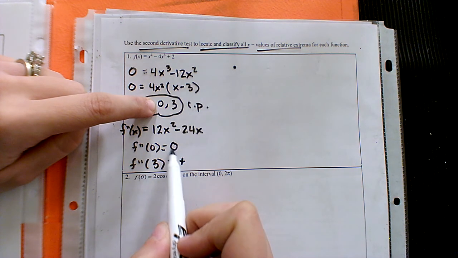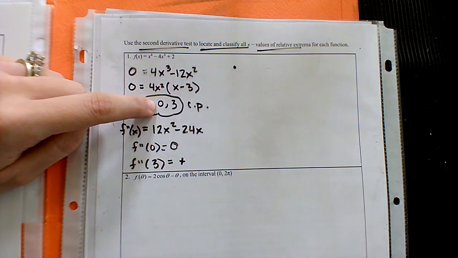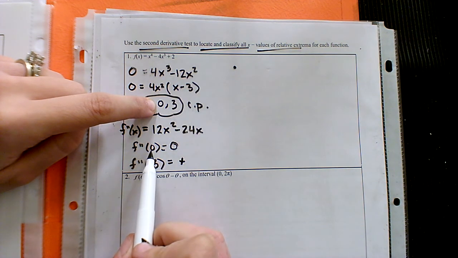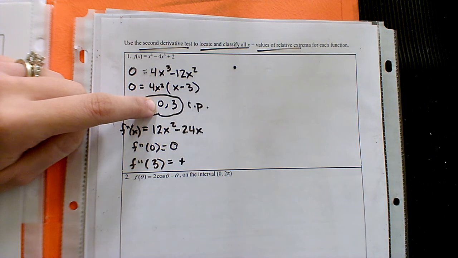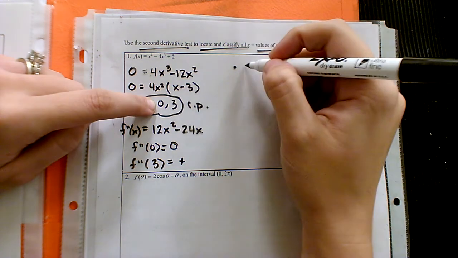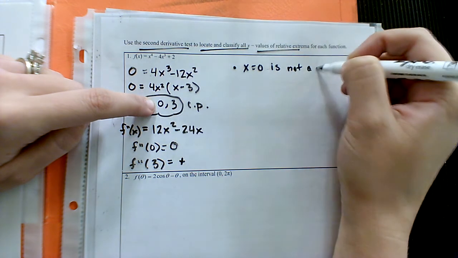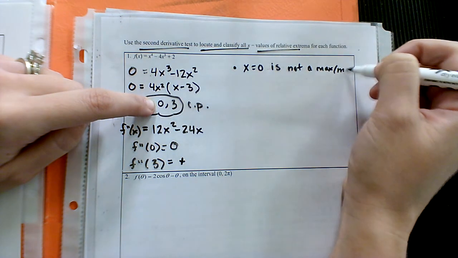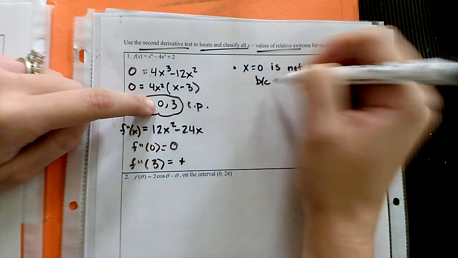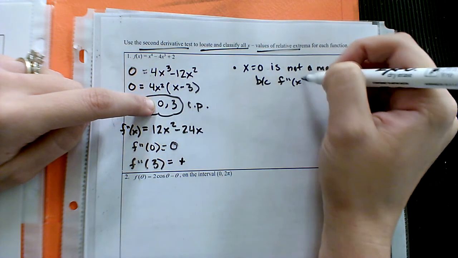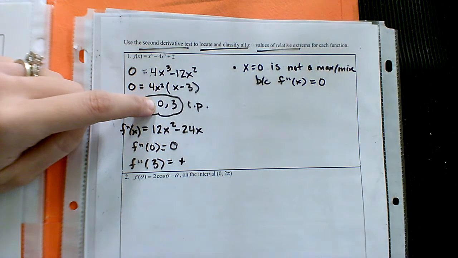Okay, if the second derivative is 0, that's telling you you don't have any curvature at this spot. You're not concave up or concave down. You're kind of straight, like a linear path. So we'll say x equals 0 is not a max or min because the second derivative was 0.